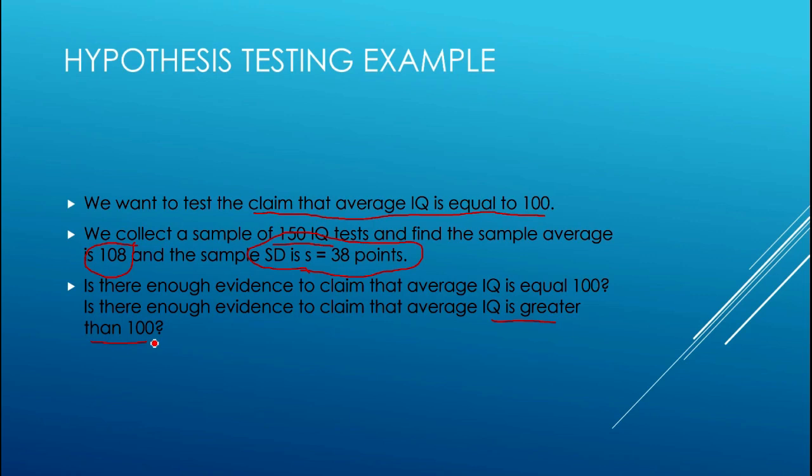Sometimes we could overstate it a little bit, sometimes we could understate it. And the question is, is 108 larger than 100 by enough to really conclude that there's strong evidence against the hypothesis that average IQ is equal to 100? Answering these types of questions is really at the heart of inferential statistics and statistical decision making.